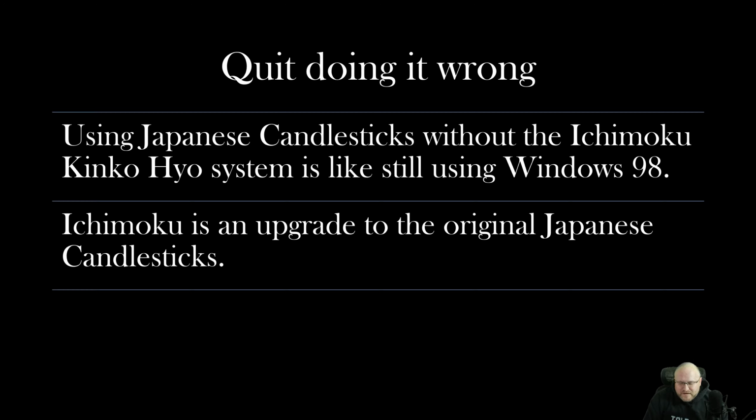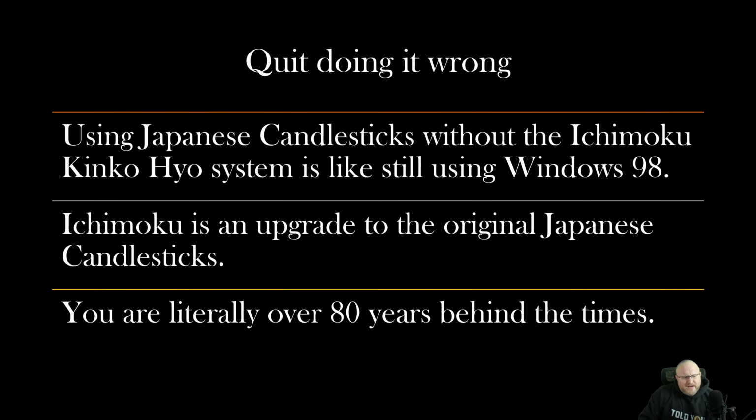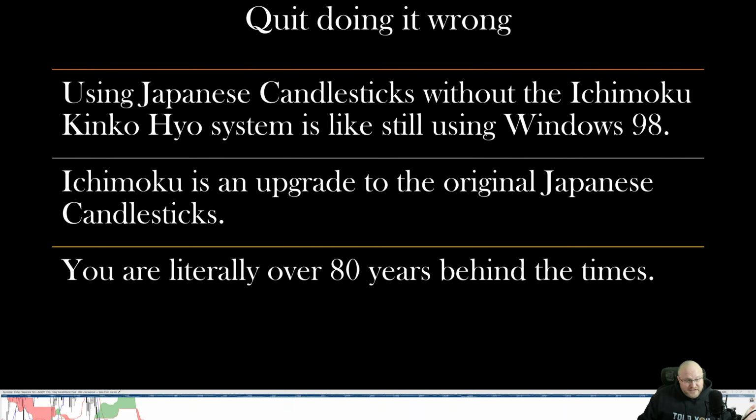They predate American bar charts by a little more than a couple hundred years. And if you're not using Ichimoku while trading with Japanese candlesticks, you're almost 100 years behind the times.